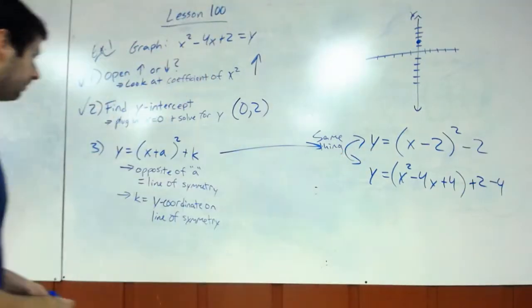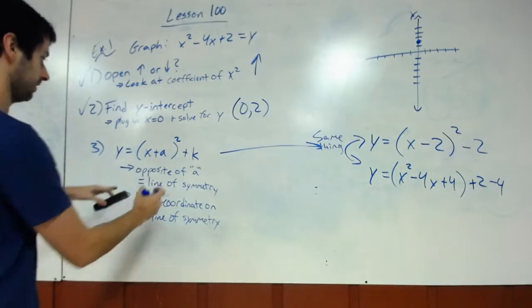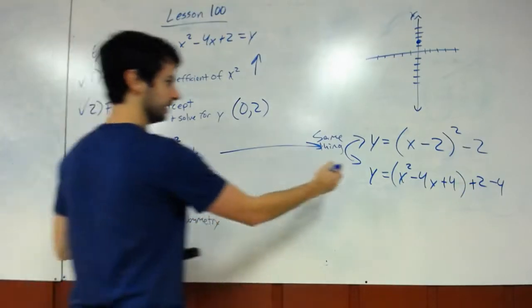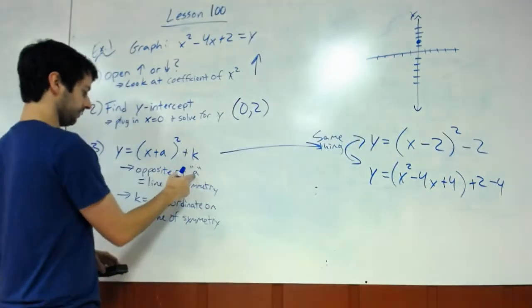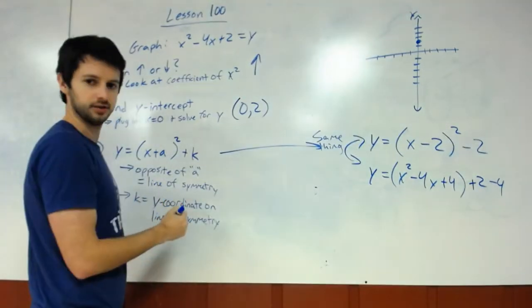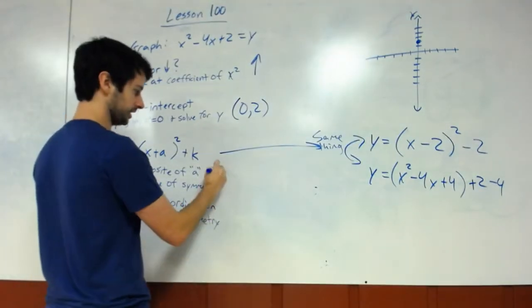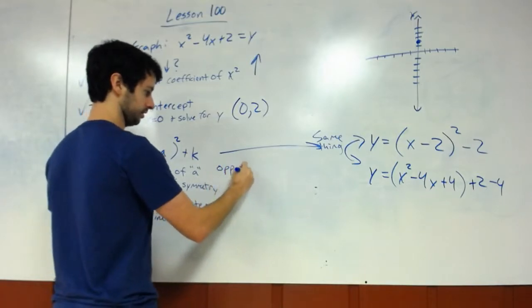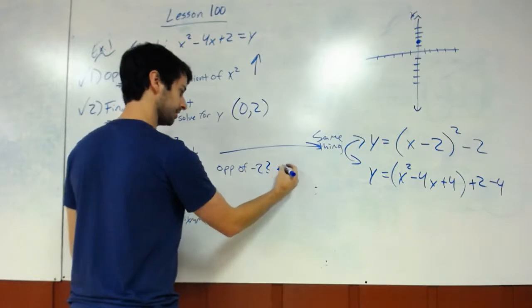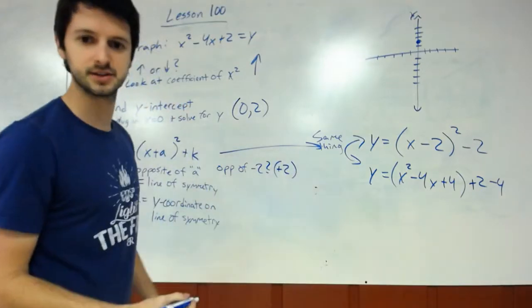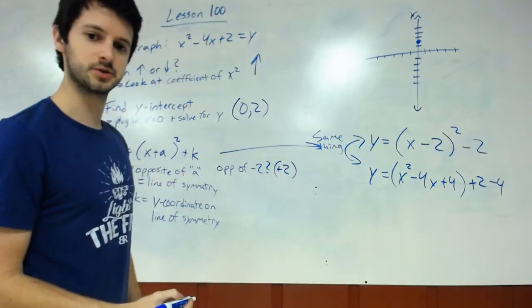So now let's look at what all this stuff means. Whatever a is, so in this case a is negative 2, the opposite of a is my line of symmetry. So what's the opposite of negative 2? Well, it would be a positive 2, right? Just a positive 2.